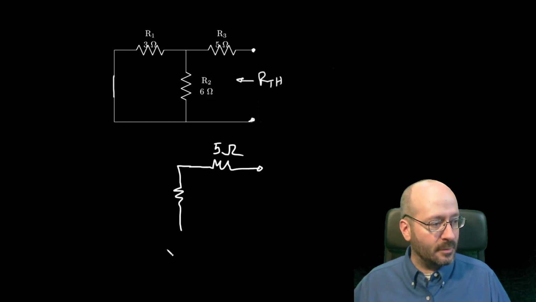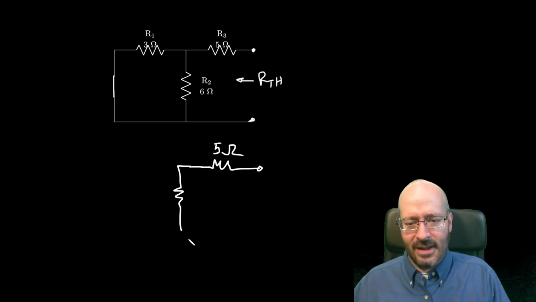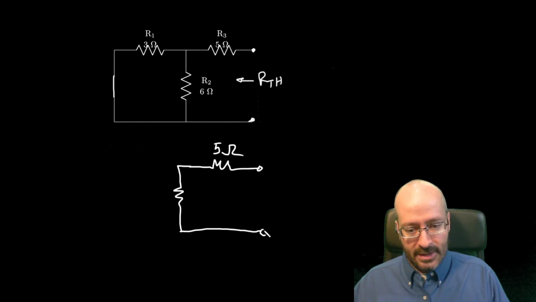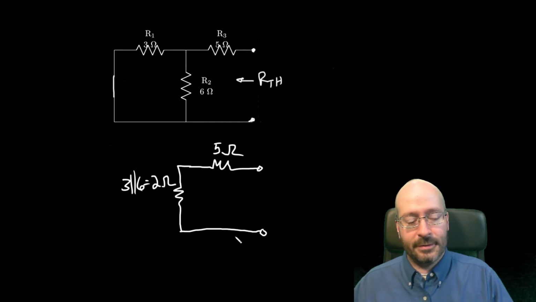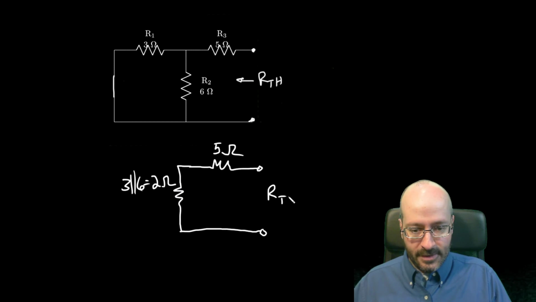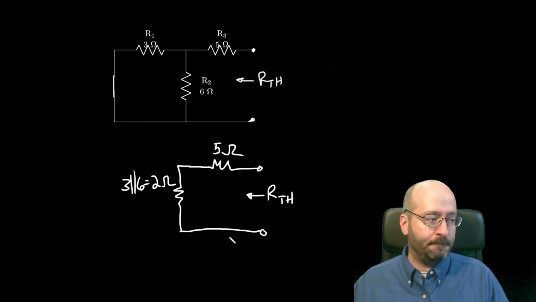Hopefully you're getting comfortable doing that, we've done a lot since then. If you're not comfortable with that, you should go review a lot of these videos. So this is 3 in parallel with 6, and that is equal to 2 ohms. We're still finding our Thevenin looking back into the circuit from here.